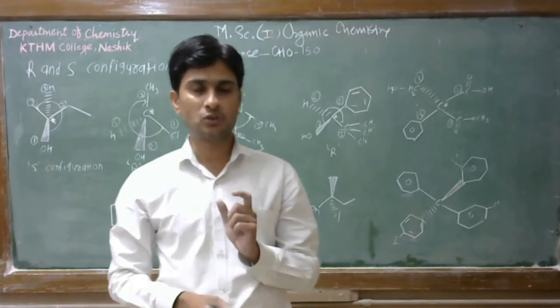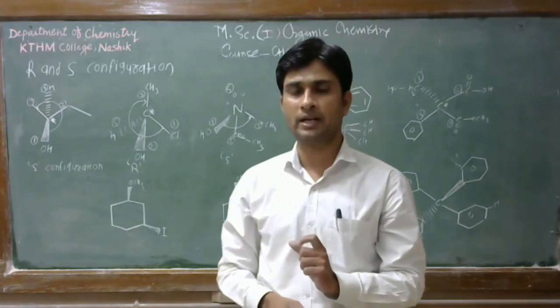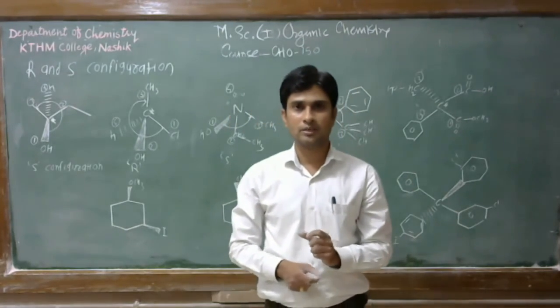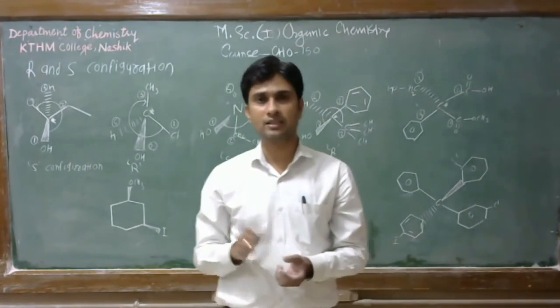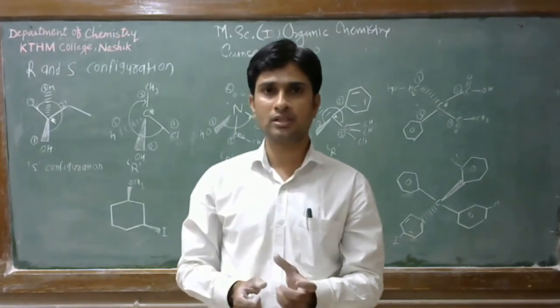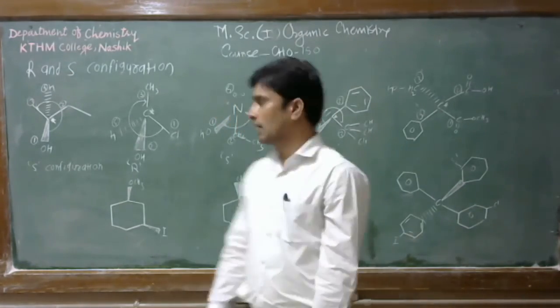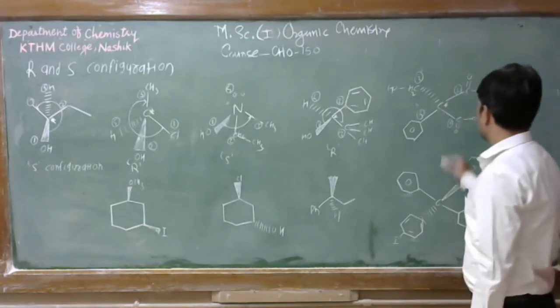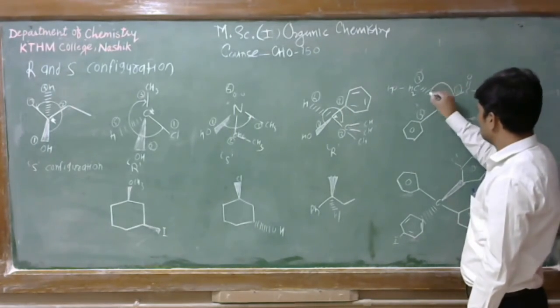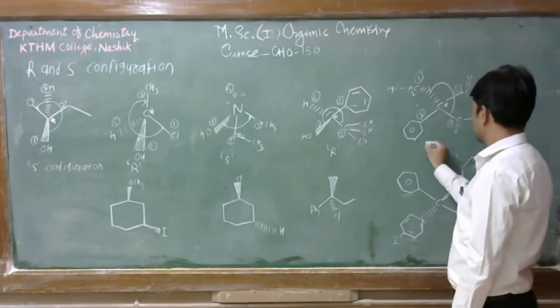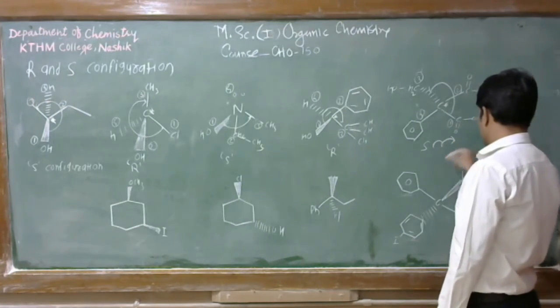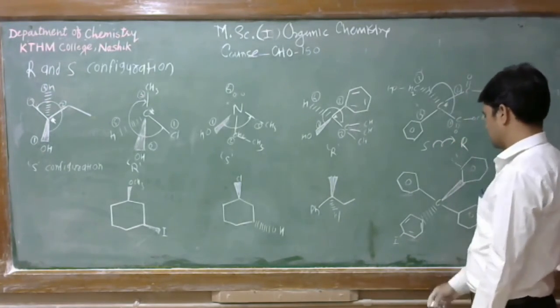When the least priority group is not towards the backside of the plane, then change the configuration. If your configuration is R, then change it to S, and if your configuration is S, then change it to the R configuration. So we go from 1 to 2 and 2 to 3. Therefore, this is S, but S changes to the R configuration.